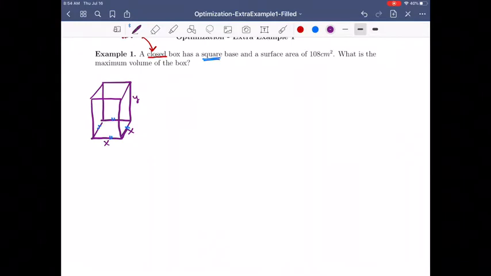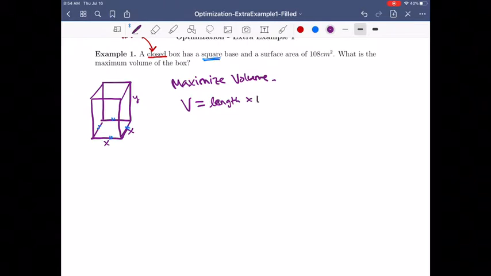Okay, so then we want to maximize volume. So we want an equation for the volume. For a box, the volume is equal to the length times the width times the height. So here, that's going to be x times x times y, so x squared times y.